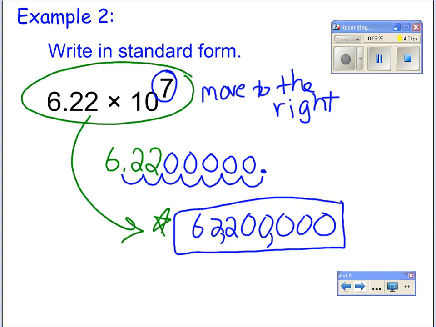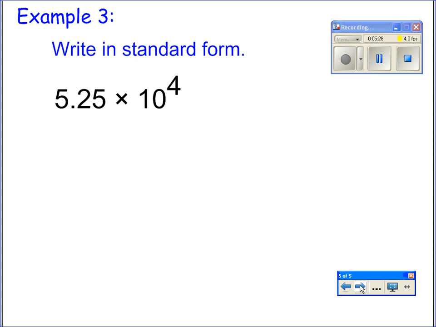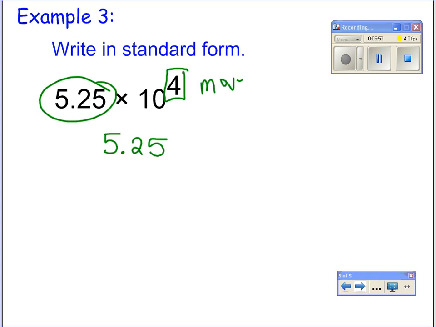Okay, one more example in this lesson. Example 3 is 5.25 times 10 to the 4th power. So we are going to write this in standard form. So I'm going to start by writing down the c, which is the first part of the scientific notation form. And let's look at the exponent. It's positive, so we are moving to the right. And we're going to move to the right 4 places, and then rewrite the decimal point.